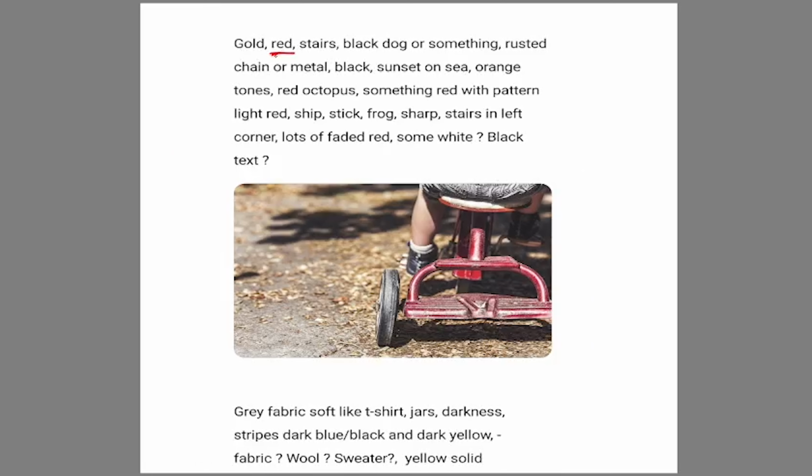So we have gold, red, stairs, black, rusted chain or metal, black again. I mean, come on, rusted red metal, blacks. We have sunset on the sea. Well, it's not on the sea, but it's visibly sunset hours.